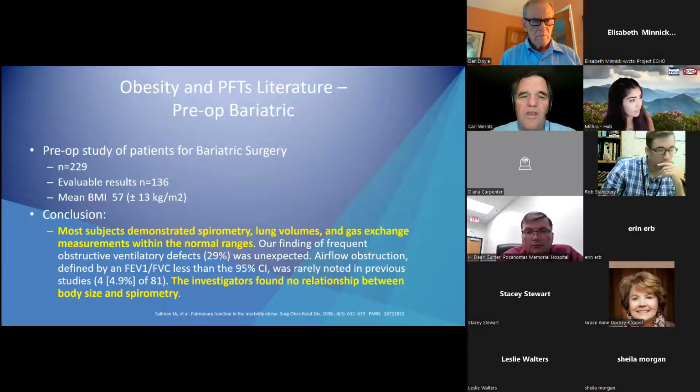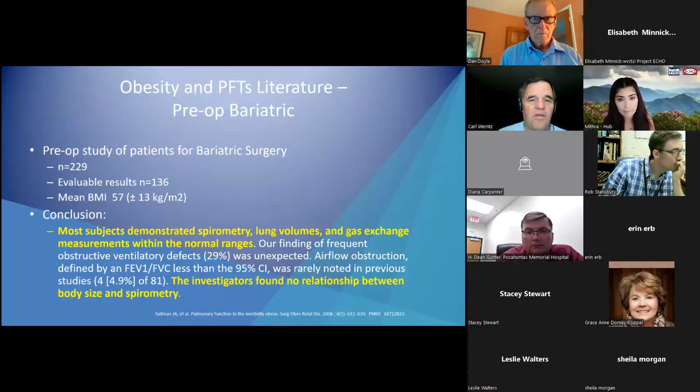The interesting thing they found was obstruction in about 29% of their people. Their definition of obstruction used the lower limit of normal, and it hadn't been seen previously. They did not find any relationship between body size and spirometry except for a small decrease in the ratio.